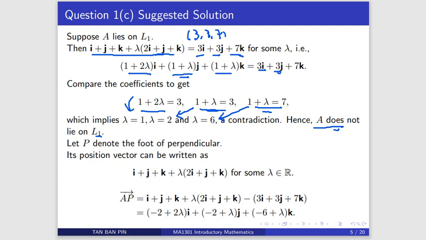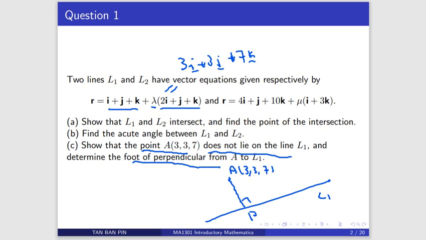After that, you're supposed to find the foot of perpendicular from A to L1. You can let it be P. Because P lies on L1, the position vector OP must satisfy the equation of the line L1. So OP must be of the form i plus j plus k plus lambda (2i plus j plus k) for some lambda.